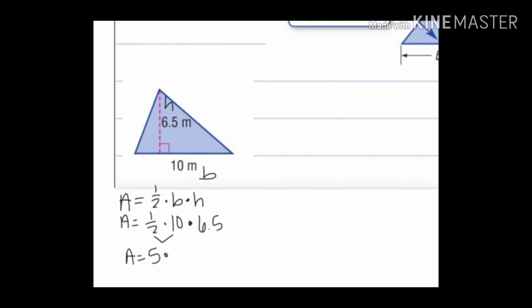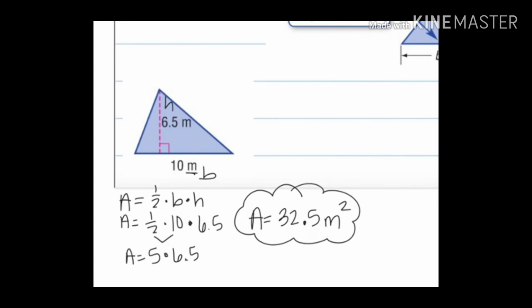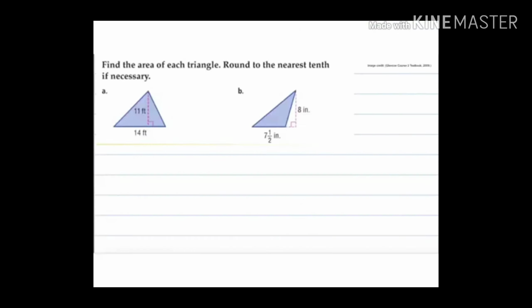So I can simplify this into 5 times 6.5. And then I'm going to put this in my calculator. 5 times 6.5 is, I'm going to write this over here, 32.5. And I look at what the units are, which is meters. And then it's going to be meters squared. So 32.5 meters squared.